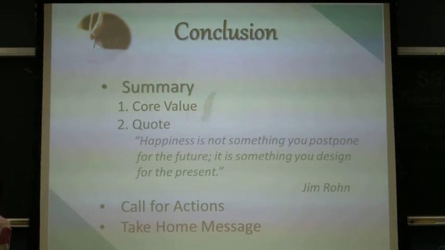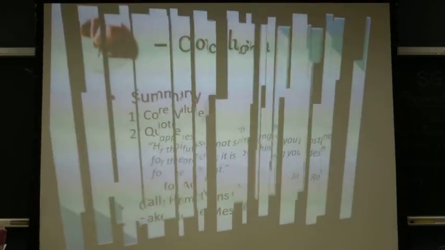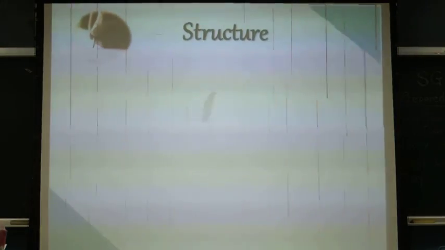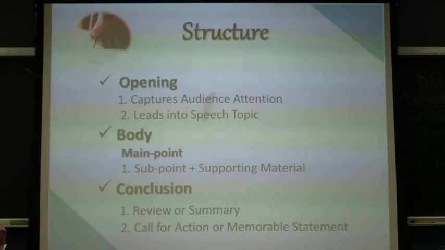And the last one is take-home message. You may leave some take-home message for the audience to think about, to be food for their thought. So these are the ways of conclusion. So let's have a brief review. In the opening, we should capture the audience's attention and lead into our speech topic, the main point.